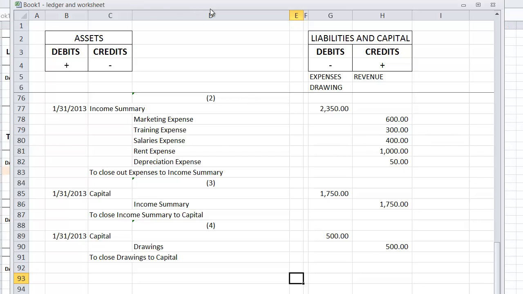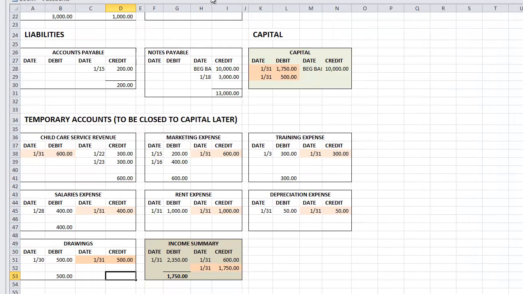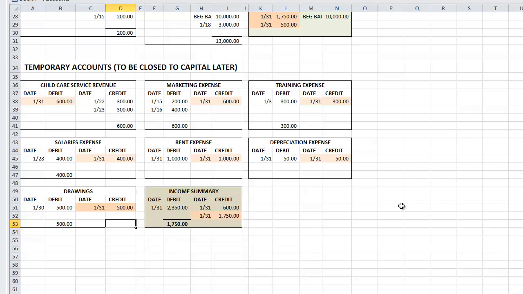So we have essentially completed our 4 closing entries, and what these 4 closing entries allowed us to do was take these accounts here that need to be closed because they're temporary, and zero them out. So if you see here, if we add each side together, one side is going to equal the other, so you don't have to actually worry about any of these.